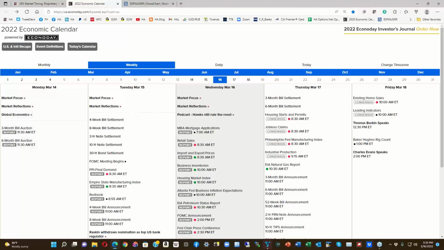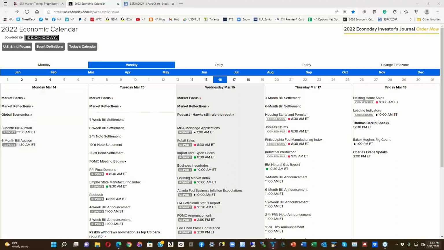Actually, I don't know if you see my calendar that's come up. No, you don't. So we rotate on a Friday before expiration into a new contract on the futures.